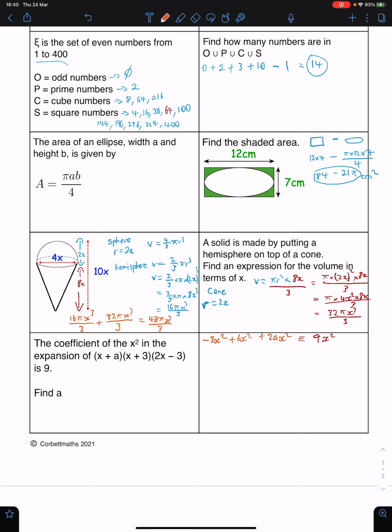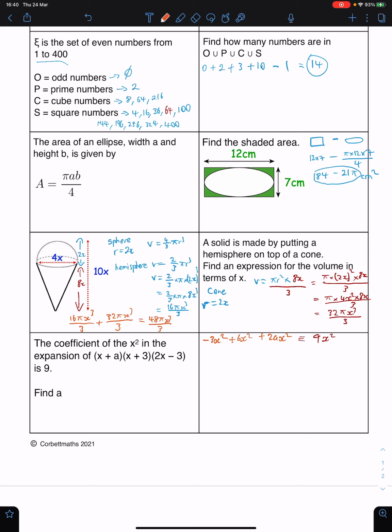If I simplify the 3 lots of x squared plus the 2a lots of x squared, that's 3 plus 2a lots of x squared. Then that is equivalent to 9x squared.